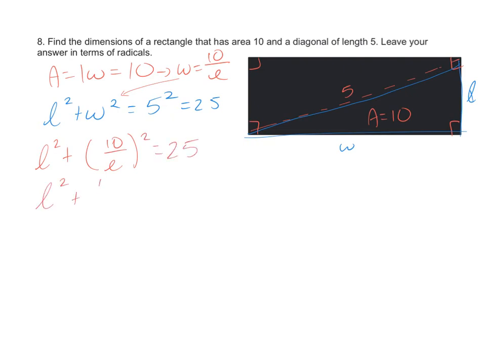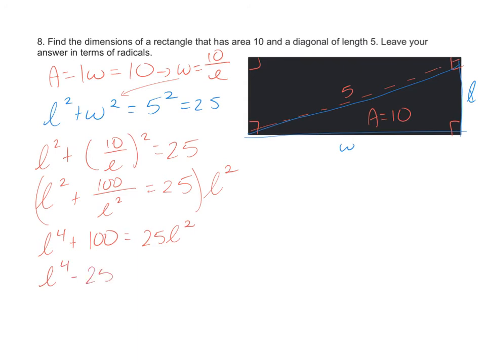L squared plus 100 over L squared equals 25. I'm going to multiply everything by L squared to get rid of my denominator. So I get L to the 4th plus 100 equals 25 L squared. So that means that L to the 4th minus 25 L squared plus 100 has to equal 0.